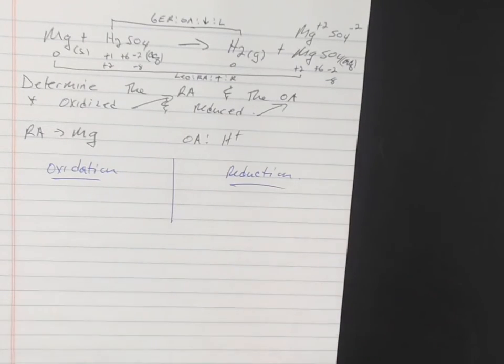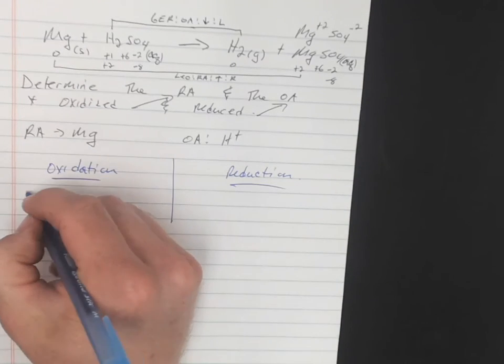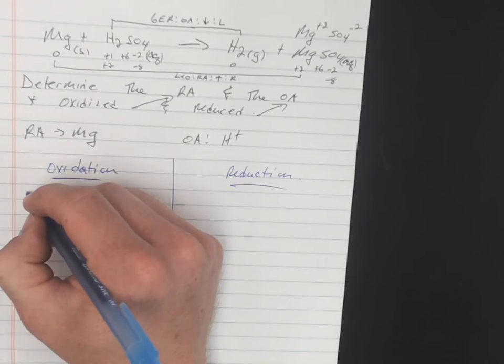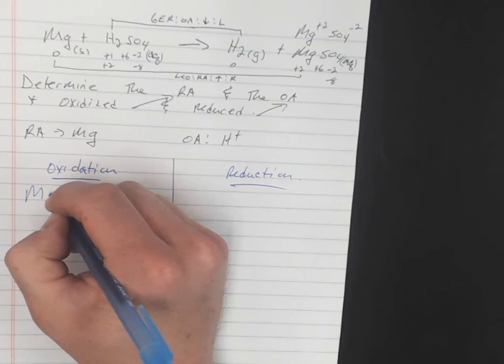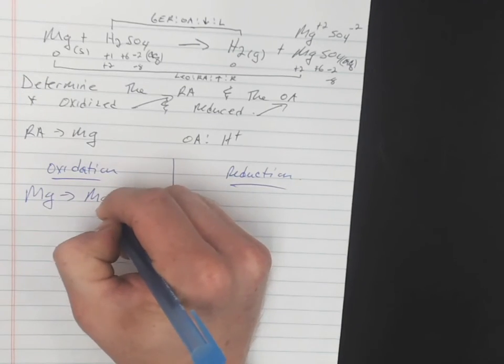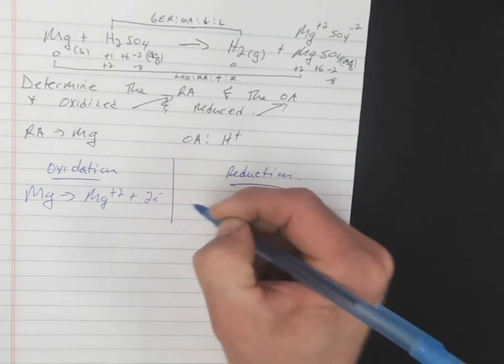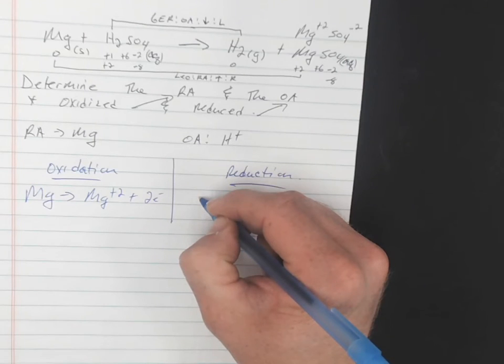Kill it all. All right, who's got the oxidation? Zoe, go ahead. Mg yields Mg2+ plus 2 electrons. Awesome job. Who's got reduction? This one's a little bit harder.